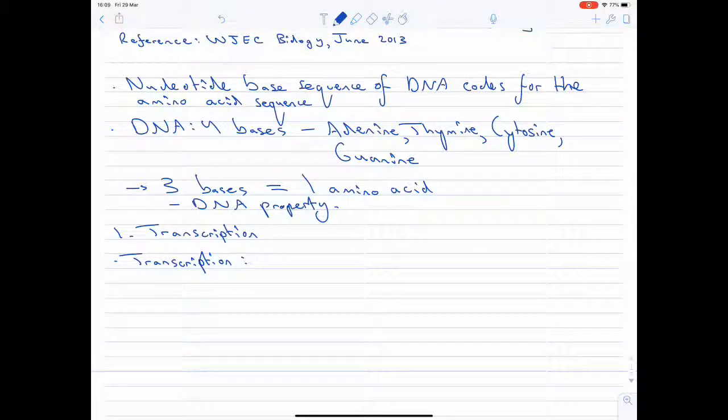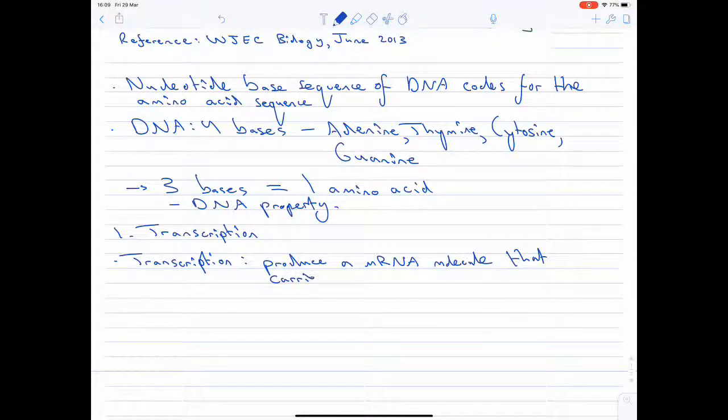This is where we basically produce a mRNA molecule that carries the genetic code, or you could just say info, for making proteins.